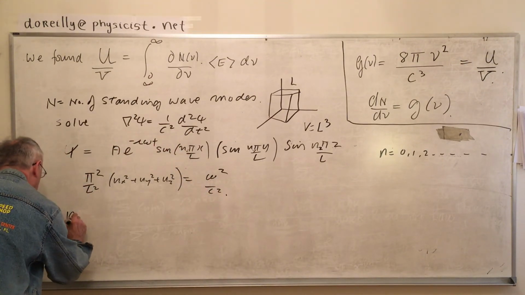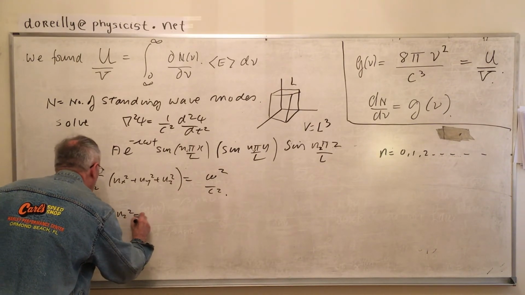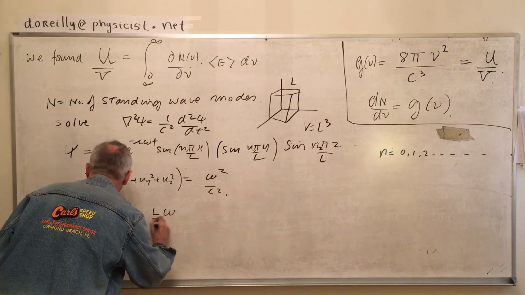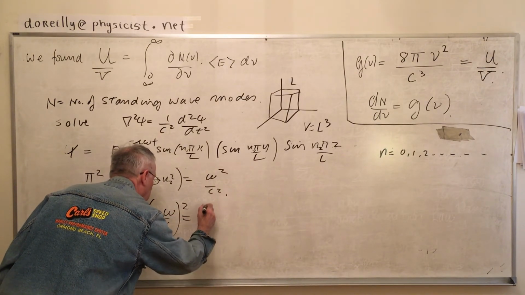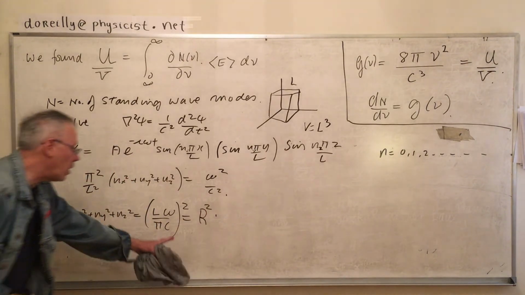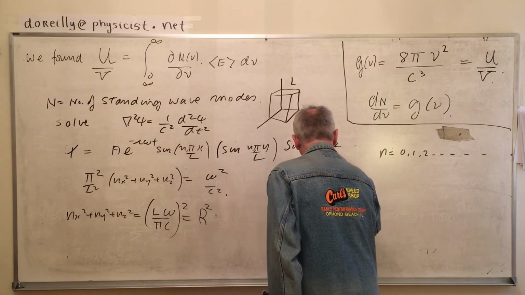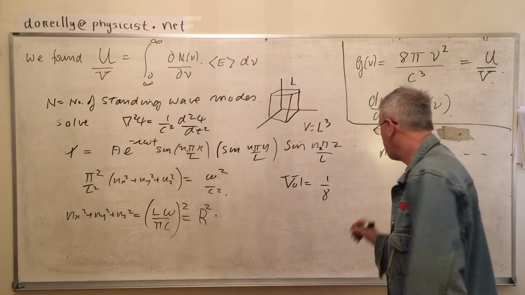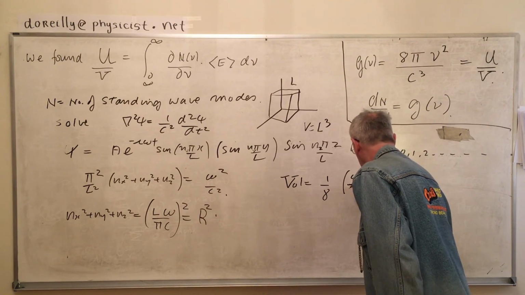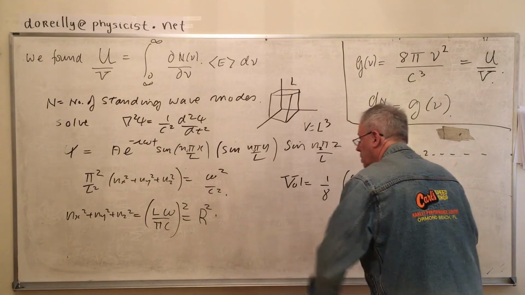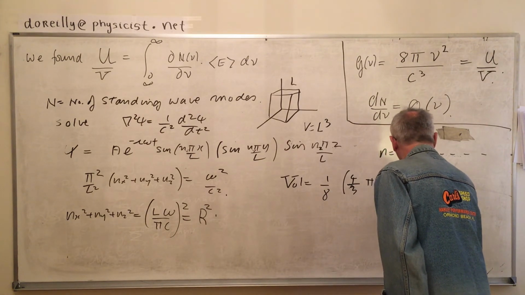So now we get a sphere of radius r whose volume, we need an octant because we're taking only the positive n's. R cubed is going to be L omega over pi c cubed.